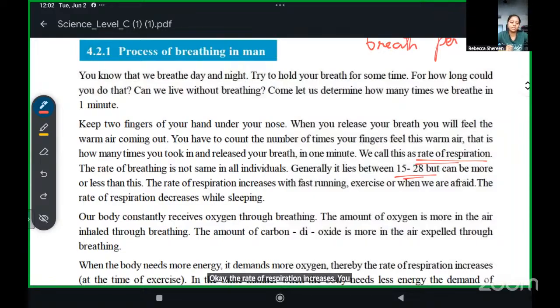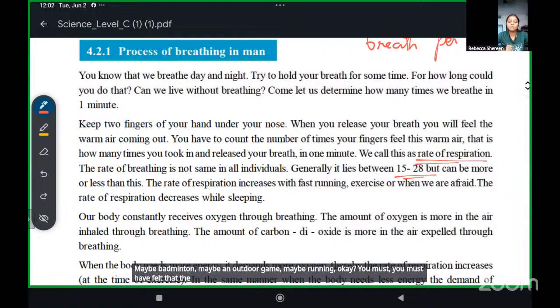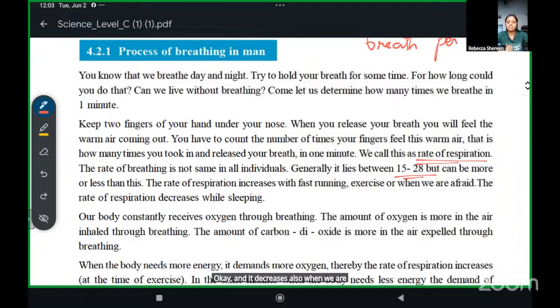You must have noticed when you are running or doing some physical activity, maybe playing a game like badminton, maybe an outdoor game, that the rate of breathing increased. And it decreases a little bit when we are sleeping.